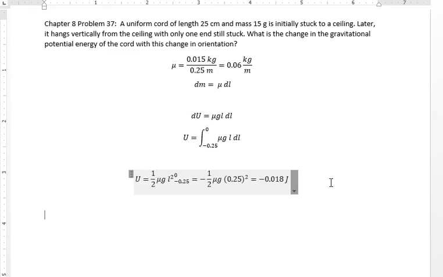Okay, now given the chapter 9 lecture, we can treat this as a point particle at its center of mass. And where's its center of mass? Well, it's down at 1/2 of 0.25 meters, right? Times the total mass, 0.015 kilograms. So we can treat it as 0.015 kilograms dangling down at half of its length. And if we do that, what do we get for an answer?